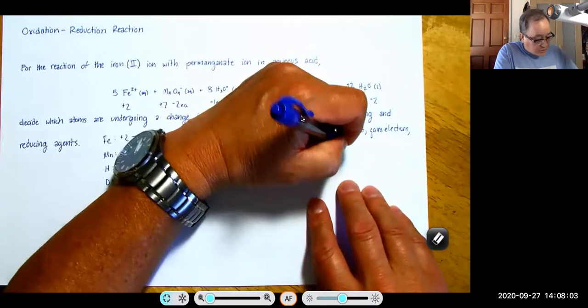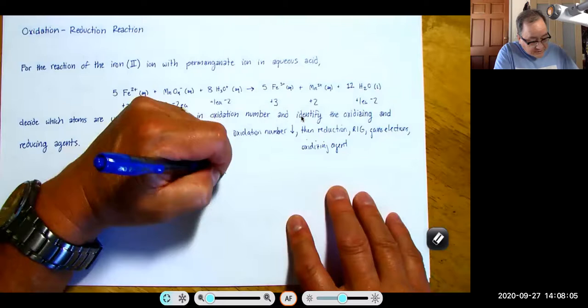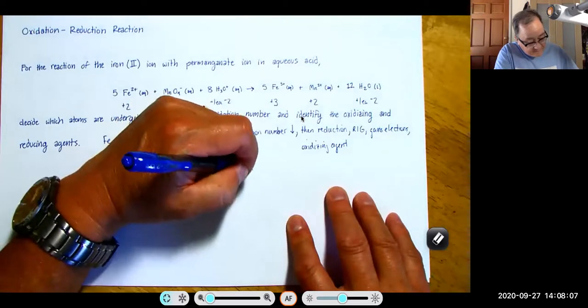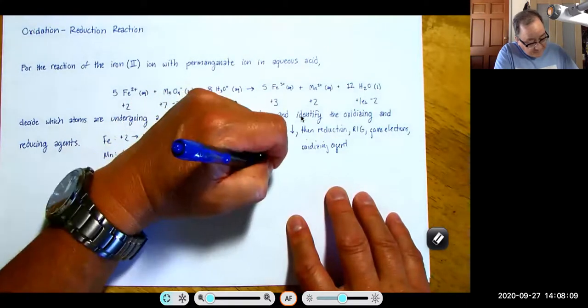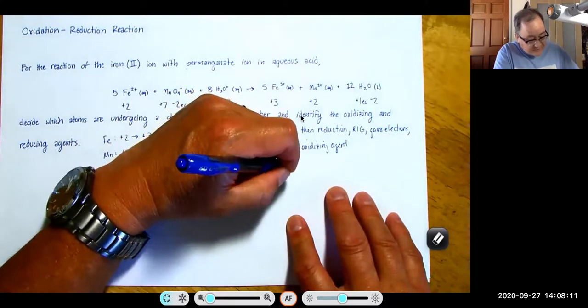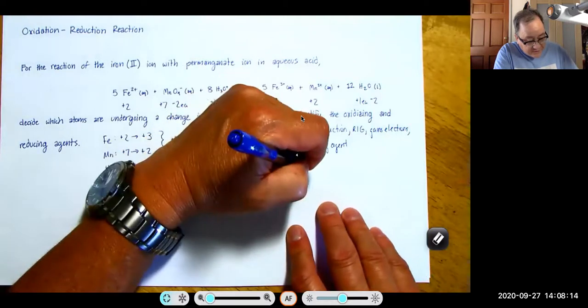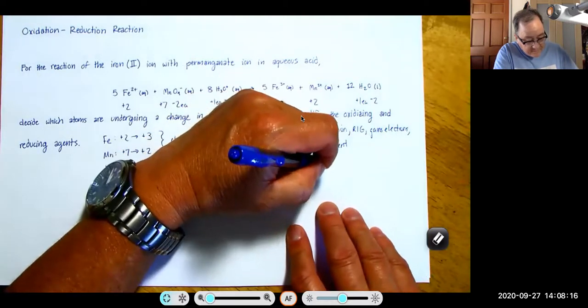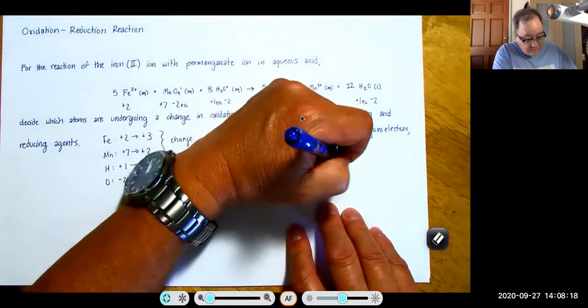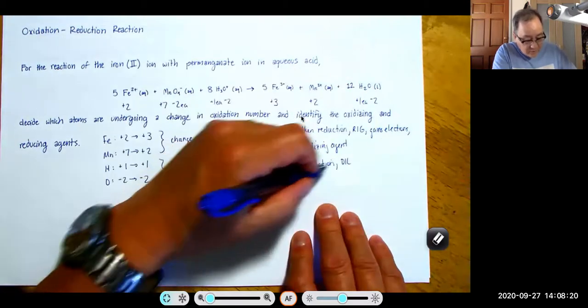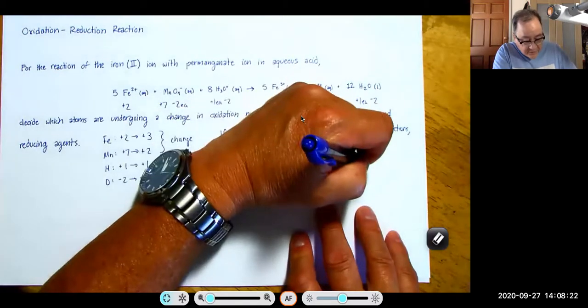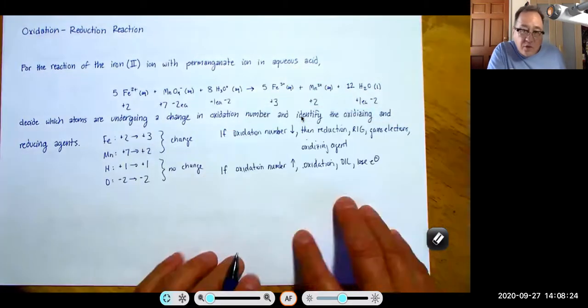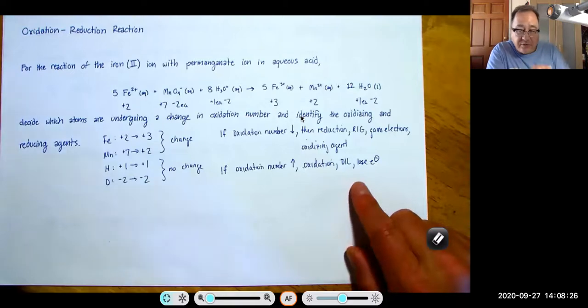And the reverse is true if the oxidation number increases. This is oxidation. OIL, O-I-L, oxidation is loss of electrons. Notice one O in lose, not two.